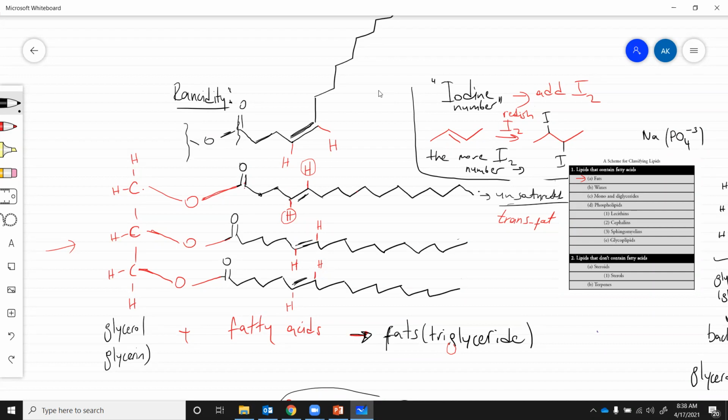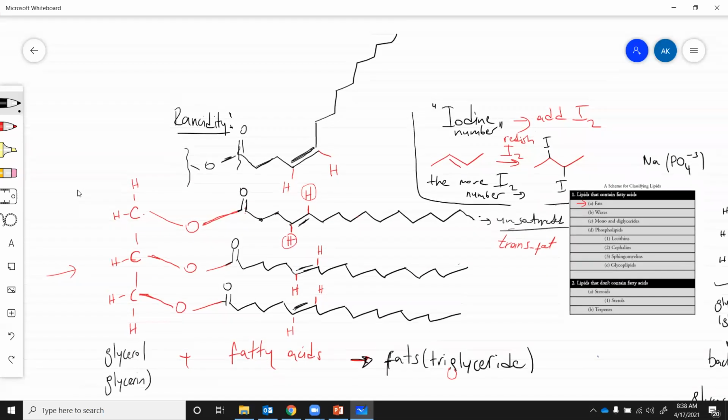Now you have this molecule and this molecule. If I ask you, which one is going to be easy to pack? Let's say you are packing these molecules on your table and you want to pack them together. Which one is going to be easy to pack? The trans fat, right? Why? Because it's more like a straight chain.